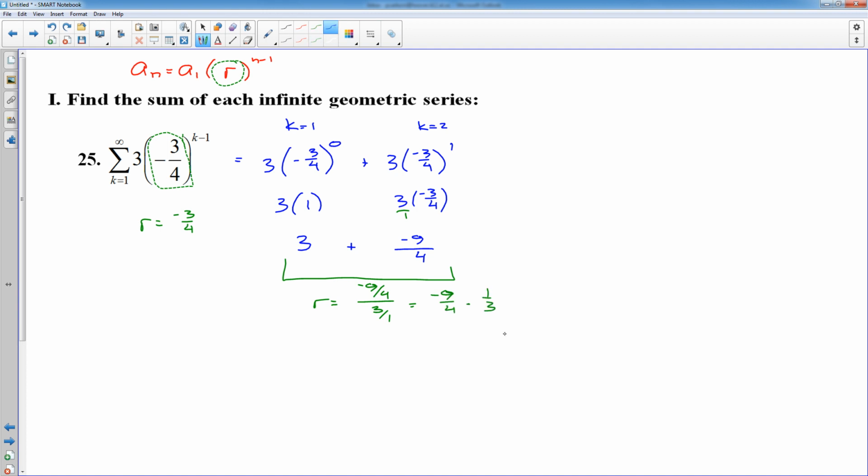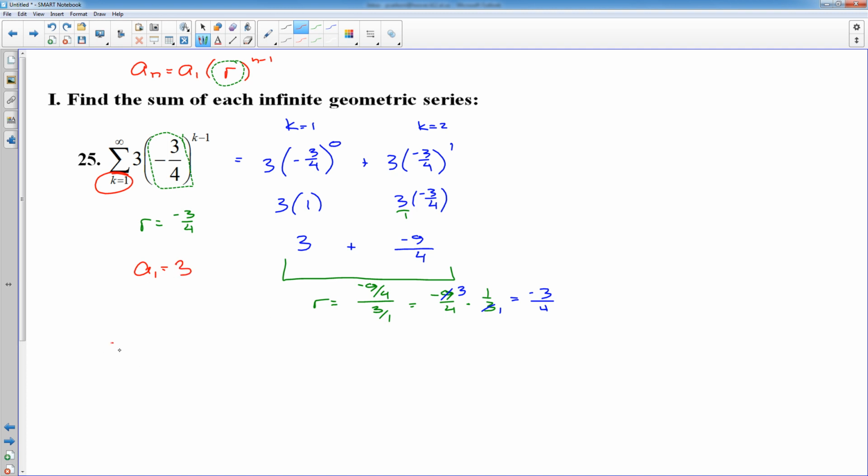And then you could cancel, 3 goes into 9 3 times, so that's negative 3 times 1 over 4, which is negative 3 fourths. And you do get a ratio of negative 3 fourths. So there's my ratio. The first term, and the safest way to get the first term is to actually plug in the very first value of k. And when I plugged in 1, I did get 3 for the first term.